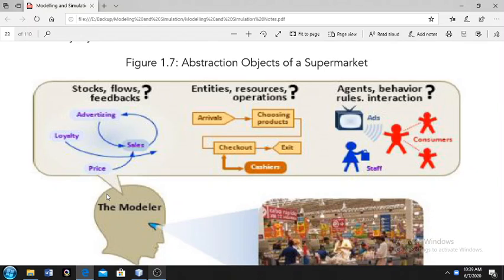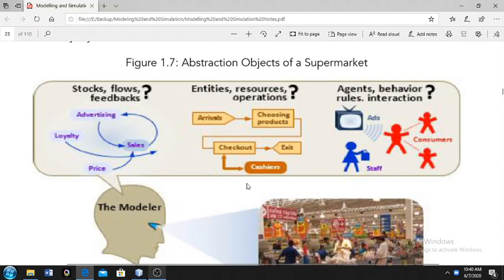So we are going to study all these ways of representation. When we do system dynamics, we are going to use stock and flow diagrams.